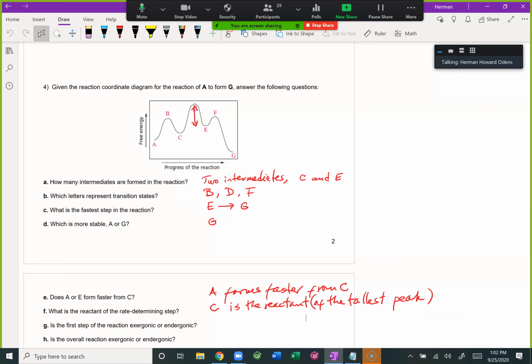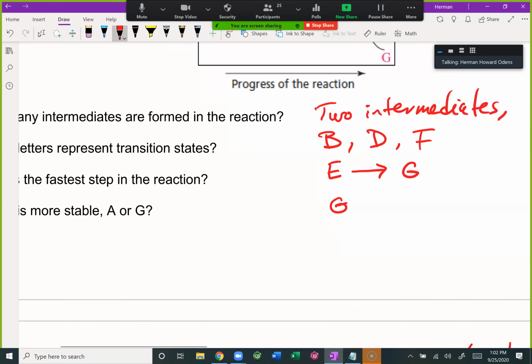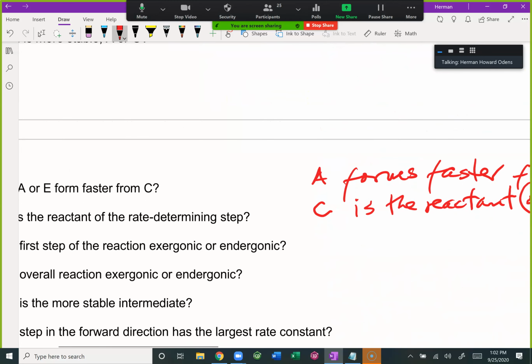The first step is endergonic, and that is because the products that form here are higher in energy than the reactants. So the delta G here will be plus. All right. So it's endergonic.